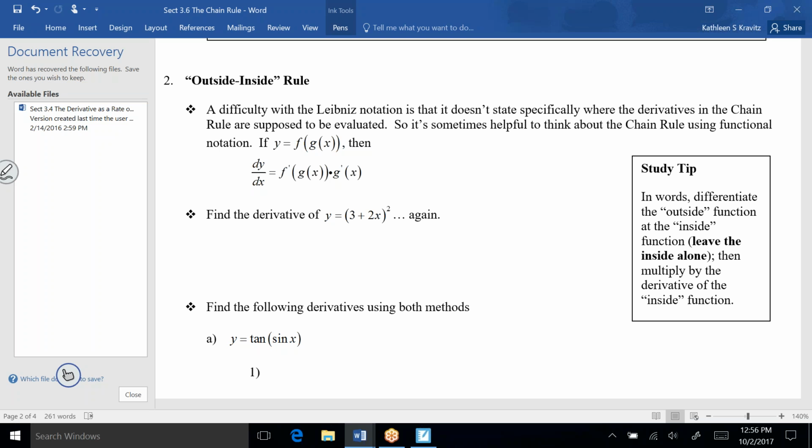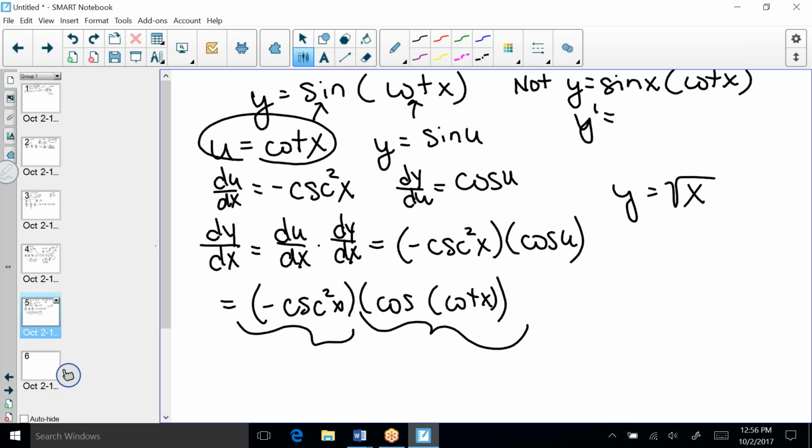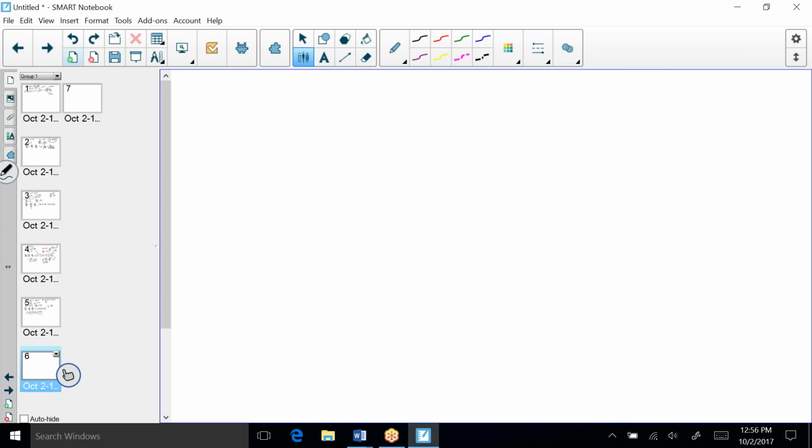So let's find the derivative of y equals 3 plus 2x squared again. We already did this one. This was the second one we did on the first page. But let's do this using the functional notation. So dy dx says the derivative of f, which is the outside, at the inside.